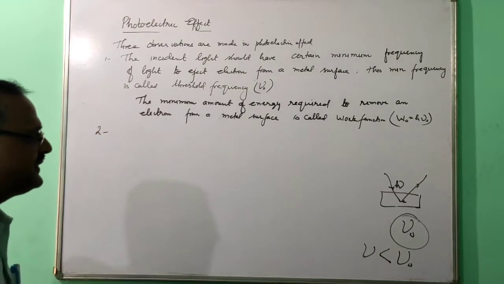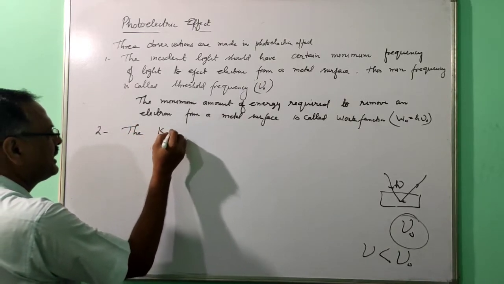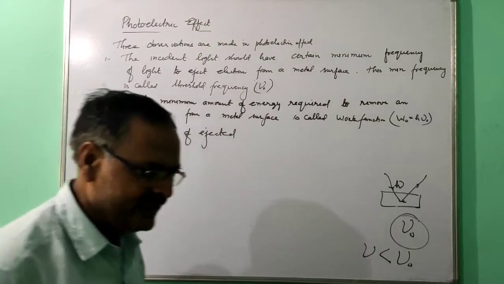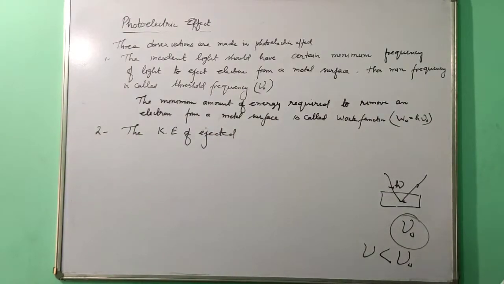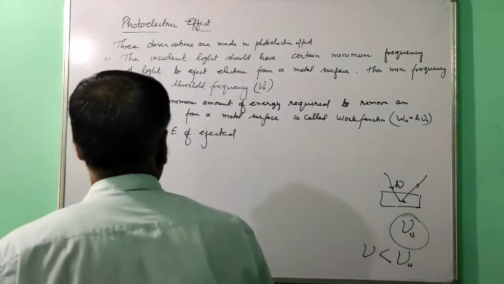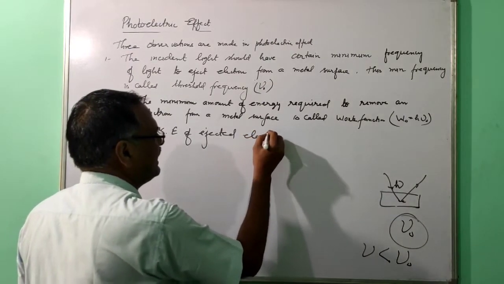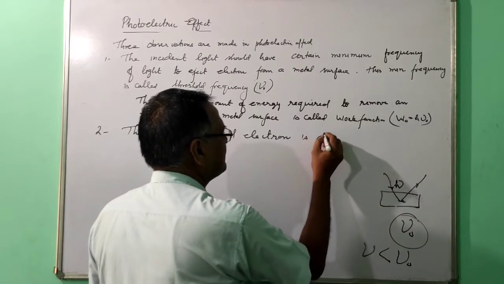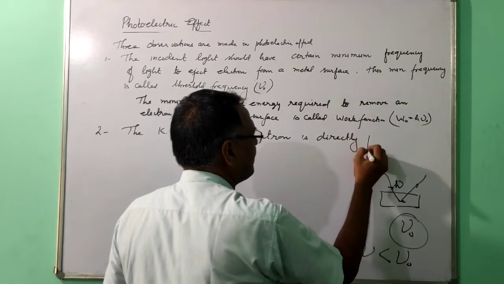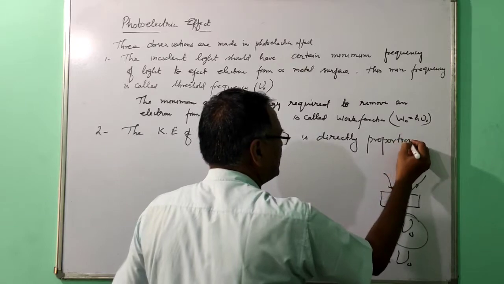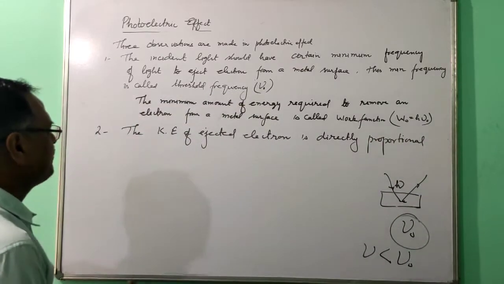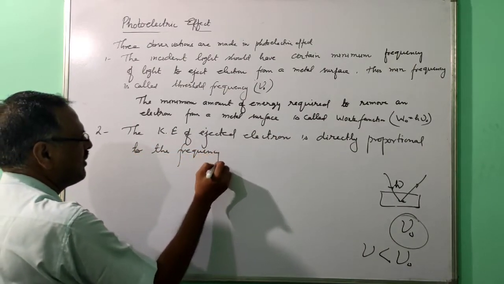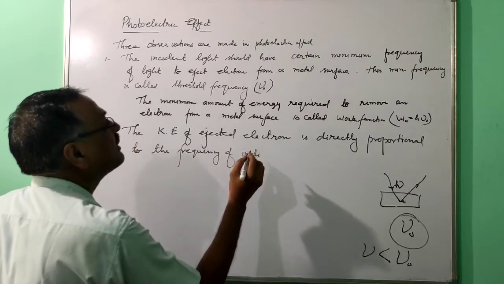The kinetic energy of the ejected electron is directly proportional to the frequency of the incident light.